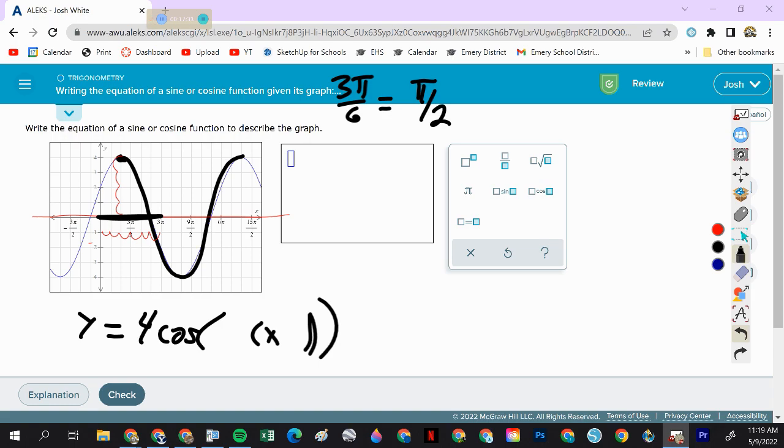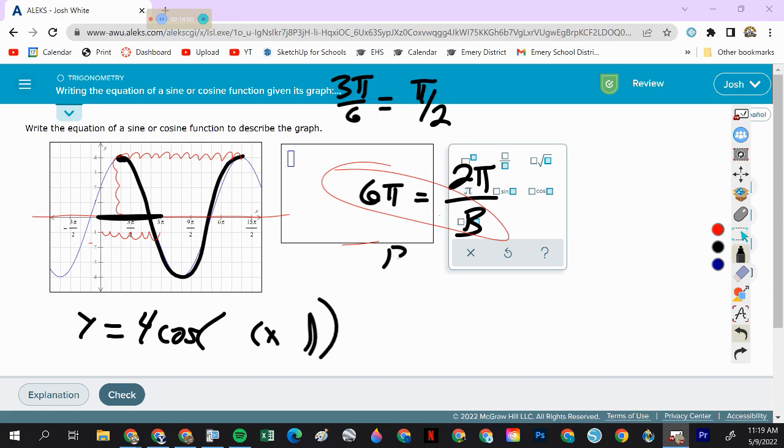Okay, so how many of those are in one period? 1, 2, 3, 4, 5, 6, 7, 8, 9, 10, 11, 12. Okay, so 12 pi over 2 is a full cycle, which ends up being 6 pi, is equal to 2 pi over b. Swap places with those. B equals 2 pi over 6 pi, which is 1/3. So this number is 1/3.